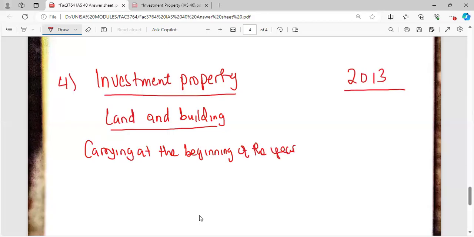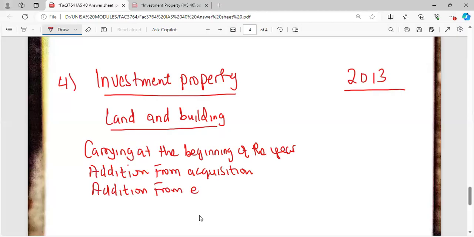Then you need, if there was any addition during the year, then you can also have addition from expenditure.